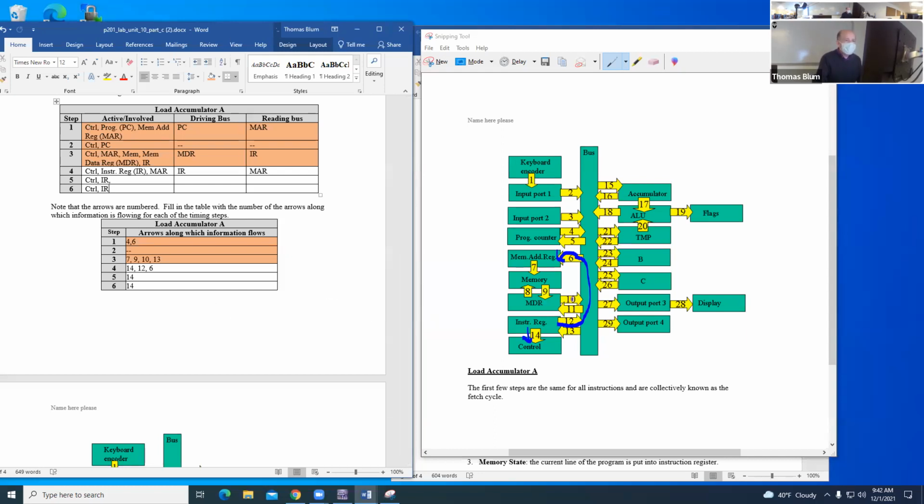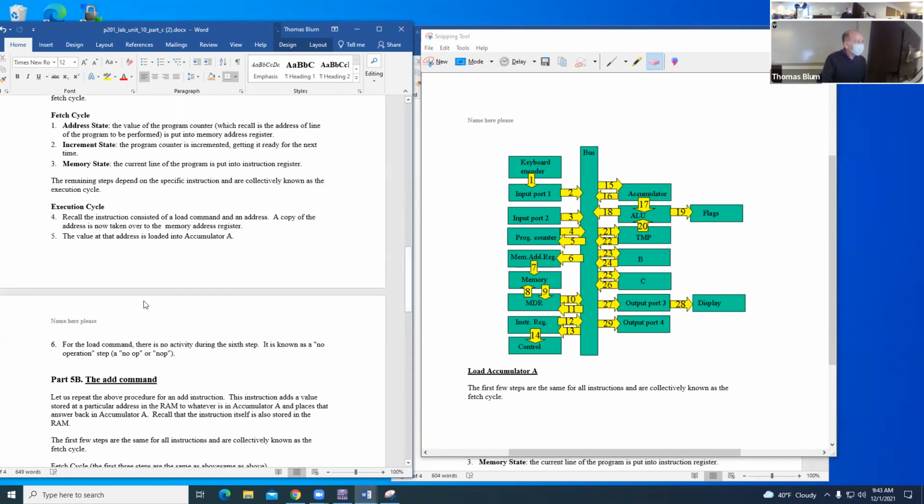Okay. But now let's look at the specifics of step 5. So that was step 4. Step 5, the value at the address, I just put in an address. Now the value at that address, which is in memory, is loaded into accumulator A. So I set up the address. I'm using that address.